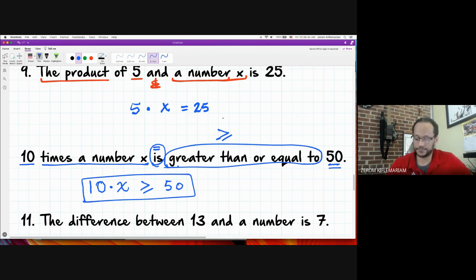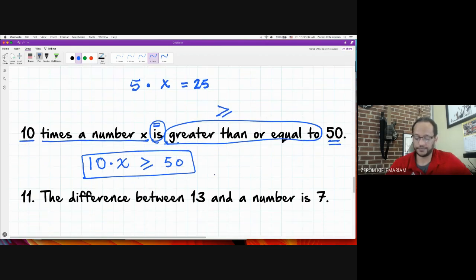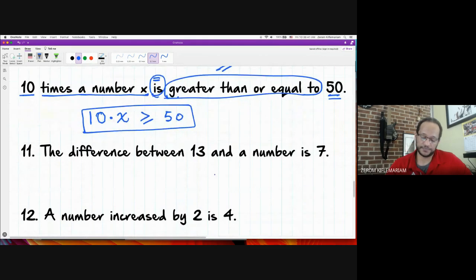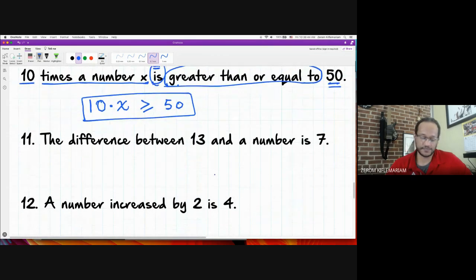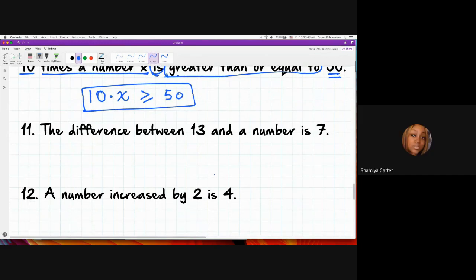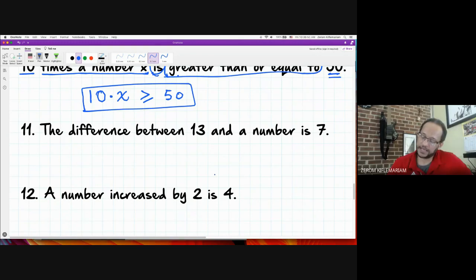Number 11. 13 minus x equals 7. 13 minus x, okay, so the difference between, so we're talking about subtraction.